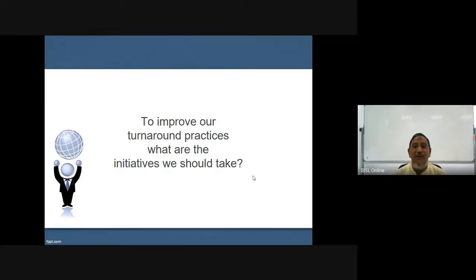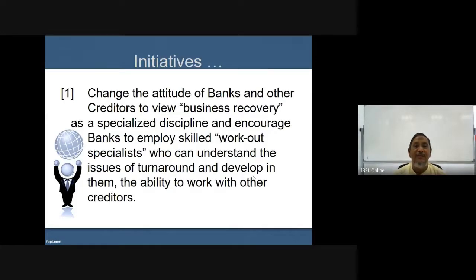So to improve our turnaround practices, what are the initiatives we should take in Sri Lanka? What are the things we can do? Change the attitude of the banks and other creditors to view business recovery as a specialized discipline, and encourage banks to employ skilled workout specialists who can understand issues of turnaround and develop the ability to work with other creditors.